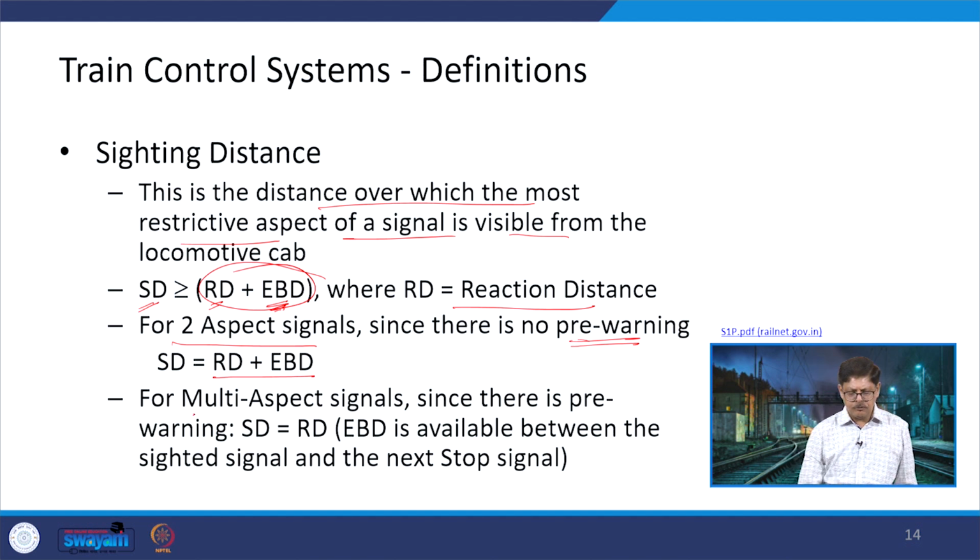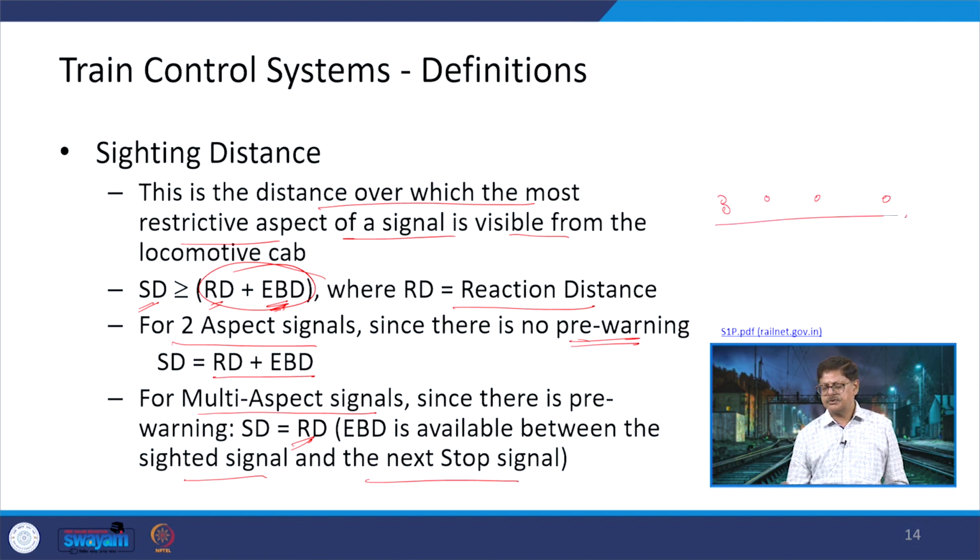But when you are talking about multi-aspect signals where the pre-warning is already there, then in that case it can be equivalent to RD only, because EBD is already available between the sighted signal and the next stop signal. So, that is already a part of that system. So, you are having 2 yellow lights and then the red light and the green light. So, likewise it is already working.